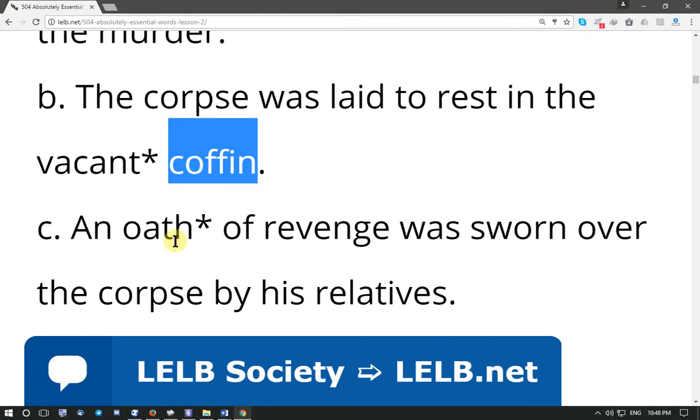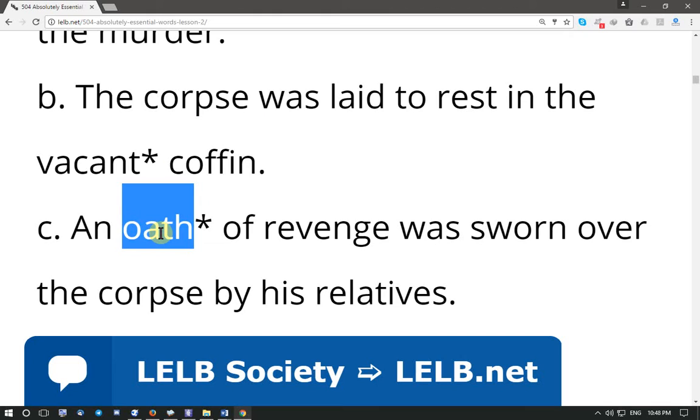Okay. An oath of revenge was sworn over the corpse by his relatives. Oath means curse, C-U-R-S-E, or actually scream, when a person lets out some scream in order to show that the person actually is angry.